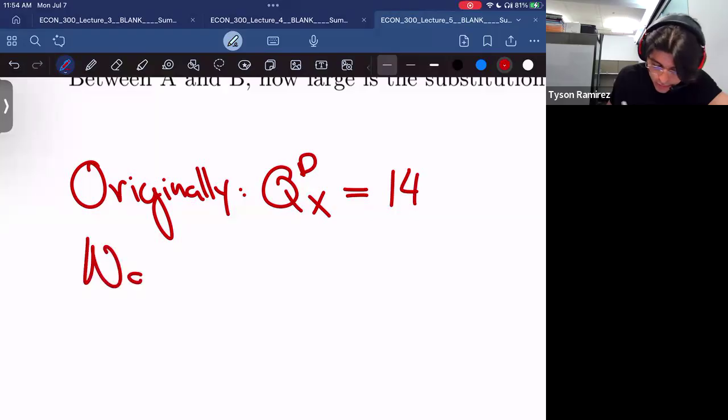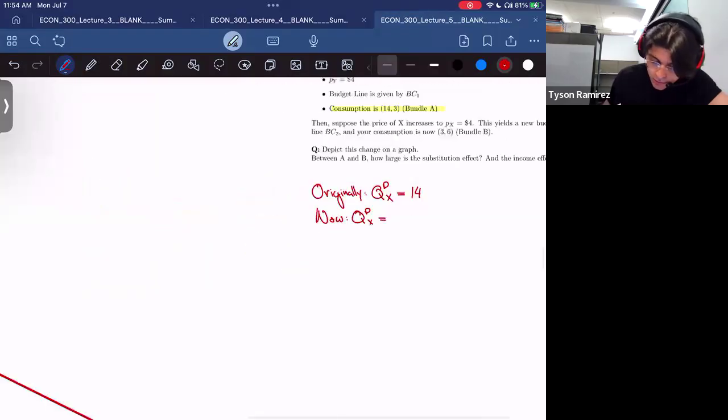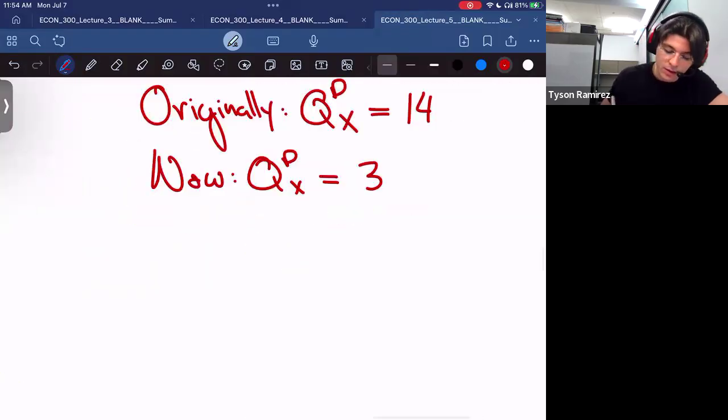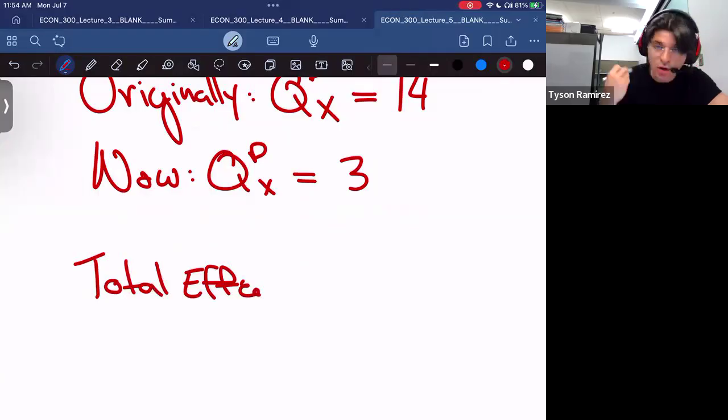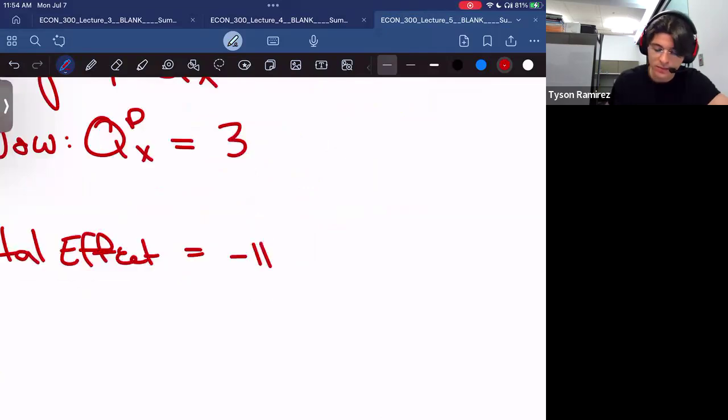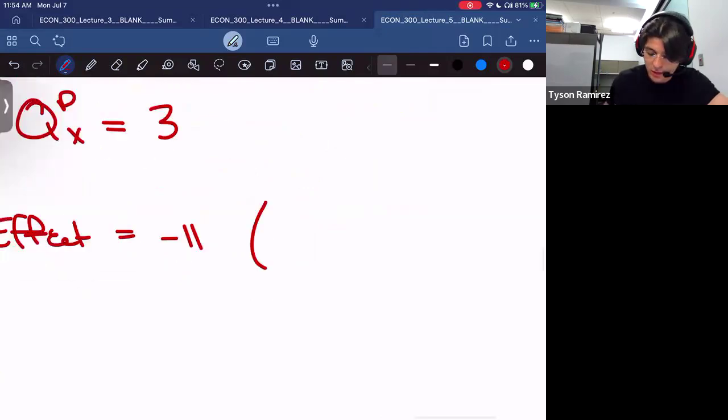Now the quantity demanded of good X is equal to 3. So clearly the total effect, the total change in quantity demanded, we went from 14 to 3. It's going to be a negative 11. This is the change in quantity demanded of good X.